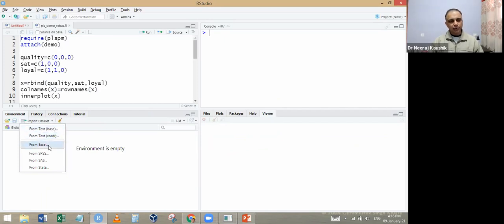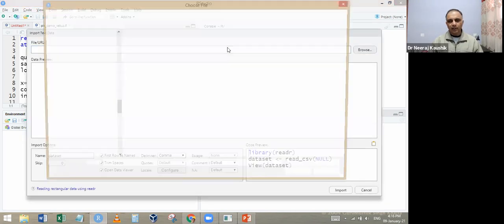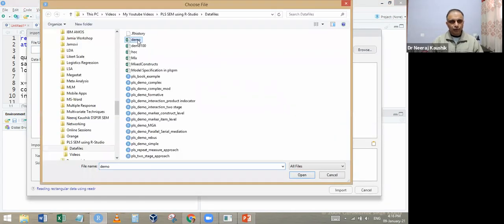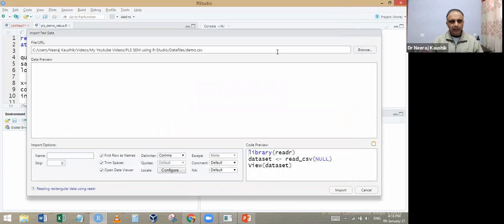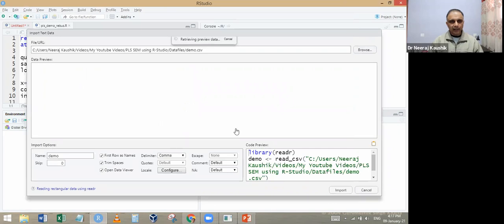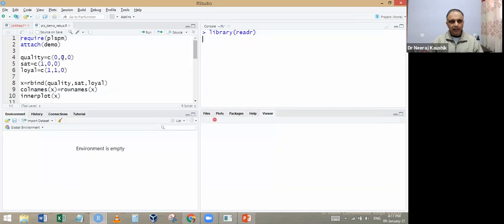The second one is to open the CSV file, Excel, SPSS. So I have a CSV file. Let me try to open it this way. Taking the data, and the last one comes out as scores, etc. Done. Import. This is my file.